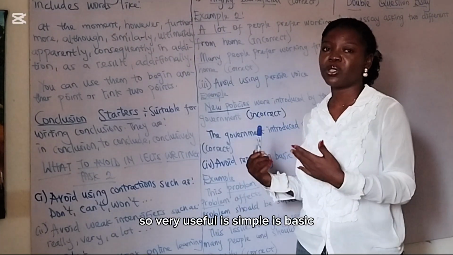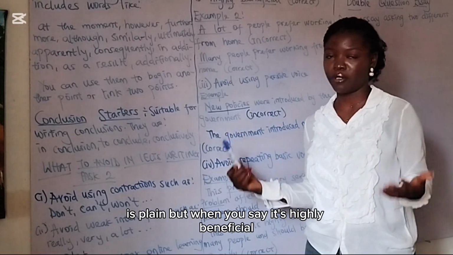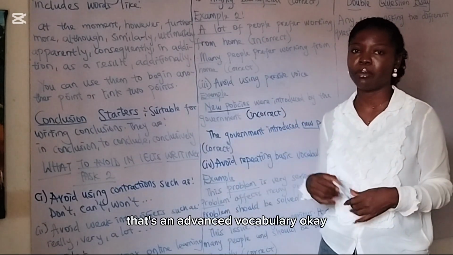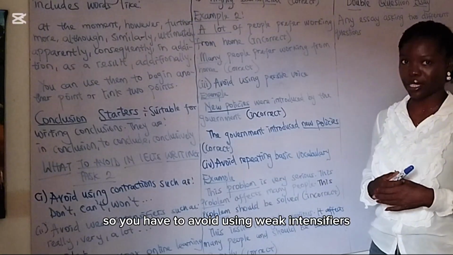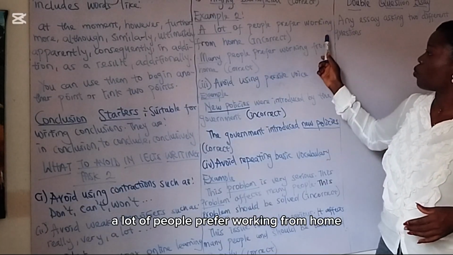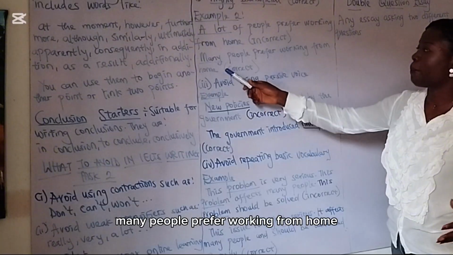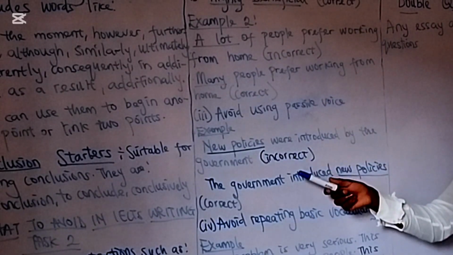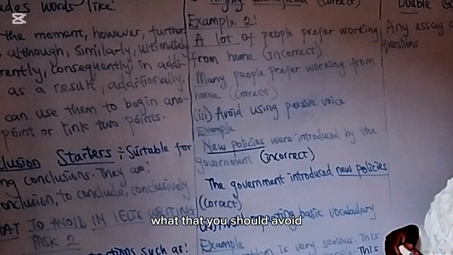Very useful is simple, is basic, is plain, but highly beneficial is a step higher. That's an advanced vocabulary. Then another example, a lot of people prefer working from home. Instead of a lot of people, you should use something like many people prefer working from home. So this is something else that you should avoid.